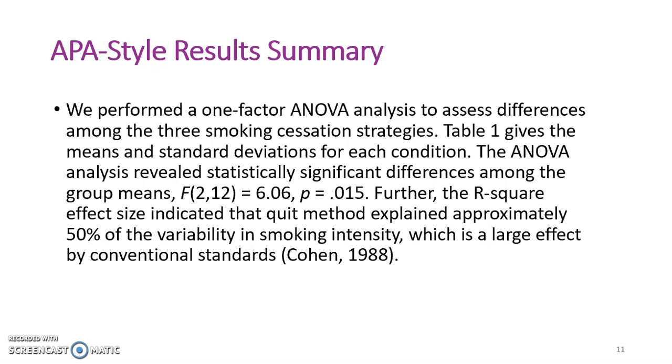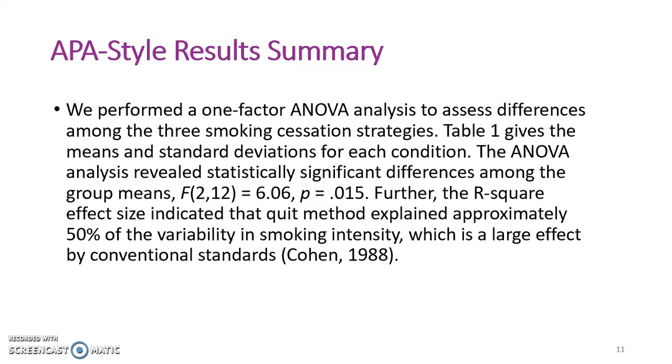Lastly, we have this APA-style results summary table. And I will post these slides on Blackboard for you as well, of overall APA-style result summaries from all of the different analyses. But for ANOVA, this is how we would report it. It's similar to how we would report regression. So we would say, we performed a one-factor ANOVA analysis to assess differences among the 3 smoking cessation strategies.